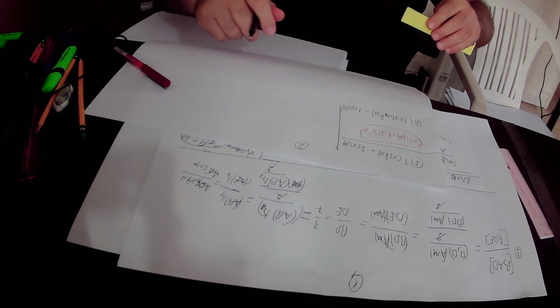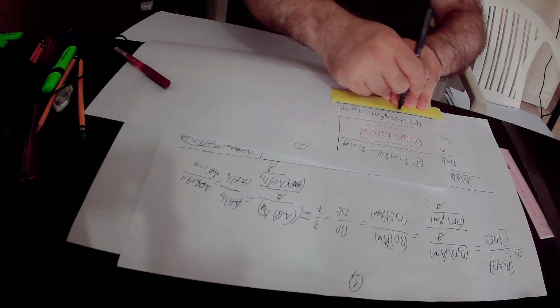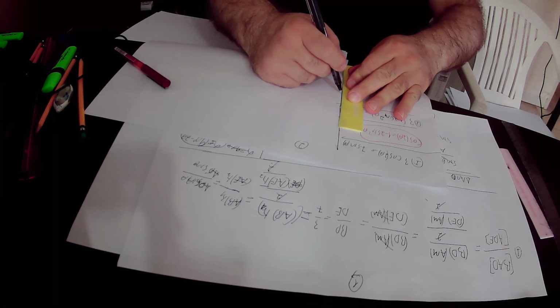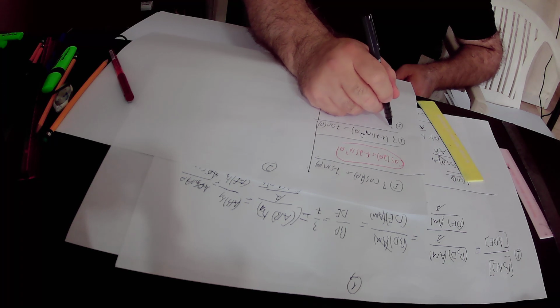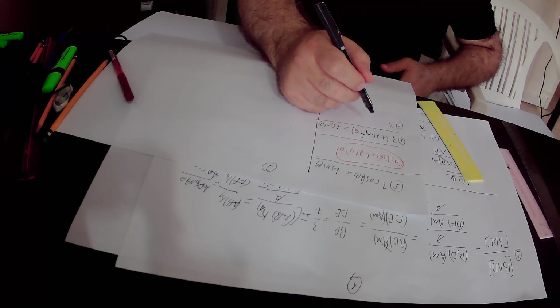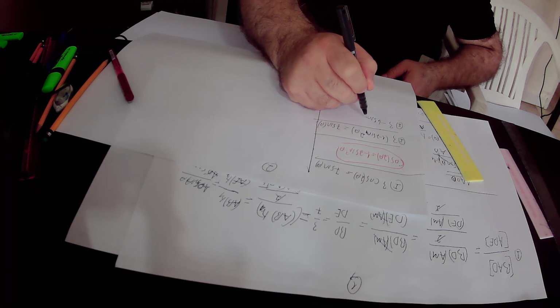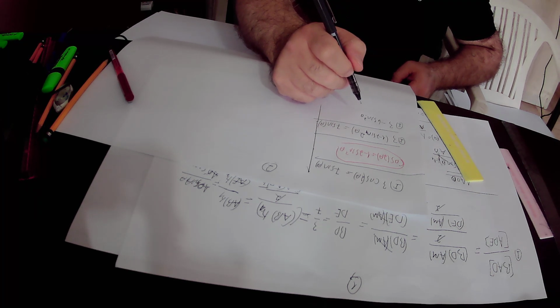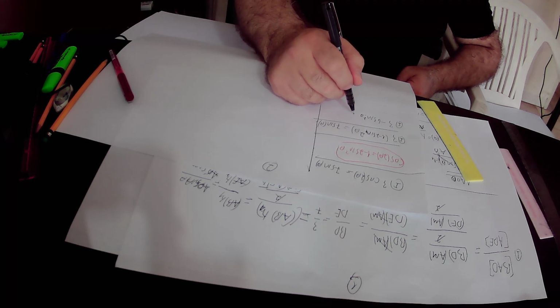We will open the brackets on this side of equation number 1, and we will get that 3 times 1 is 3, and 3 times minus 2 sine square theta is minus 6 times sine square theta, and it equals 7 times sine theta.